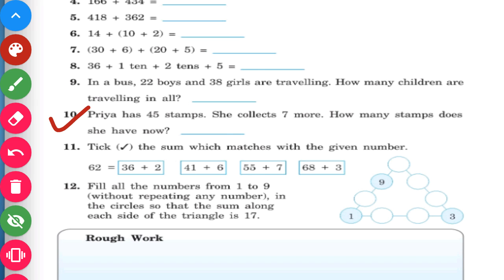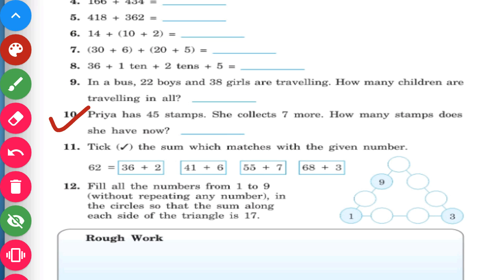How many stamps does she have now? So, question number 10, you will do yourself. Okay, this is also a very easy question. You will find out how many stamps she is having.